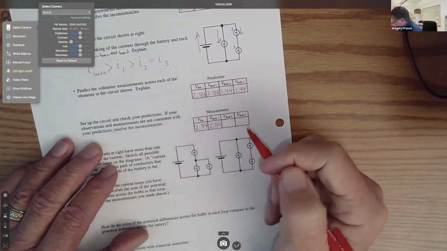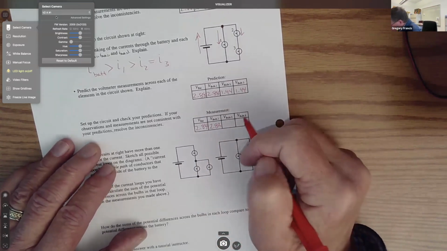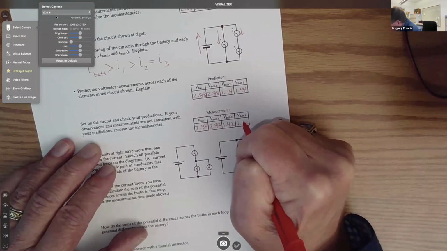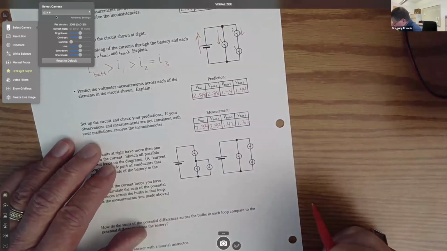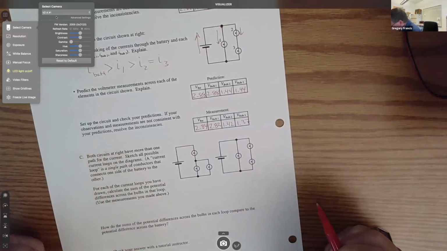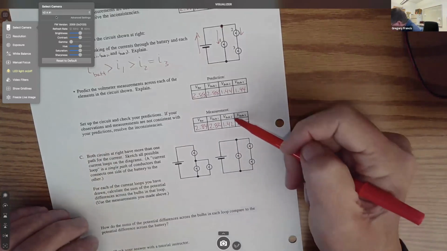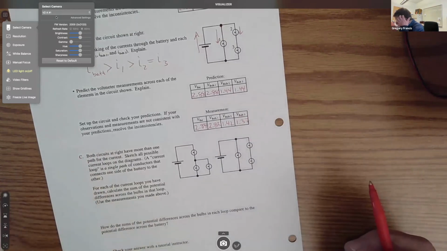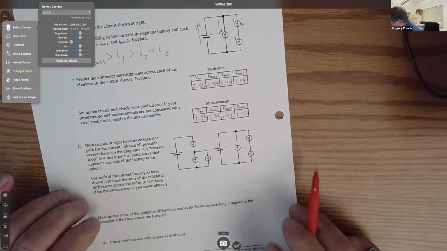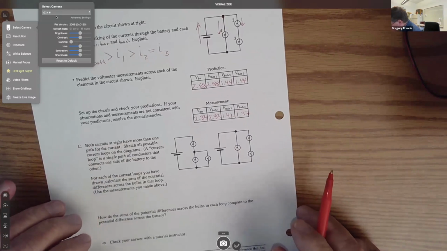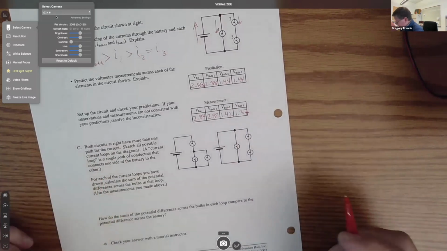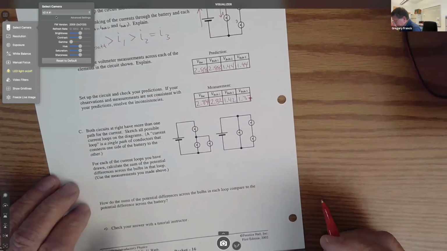And for the others, we had 1.42 and 1.37. So these are not quite the same. And again, our wires are not perfect. Our connections where they are clipped to the little holders were not perfect. And so we get a little bit of a voltage difference across those resistances there.